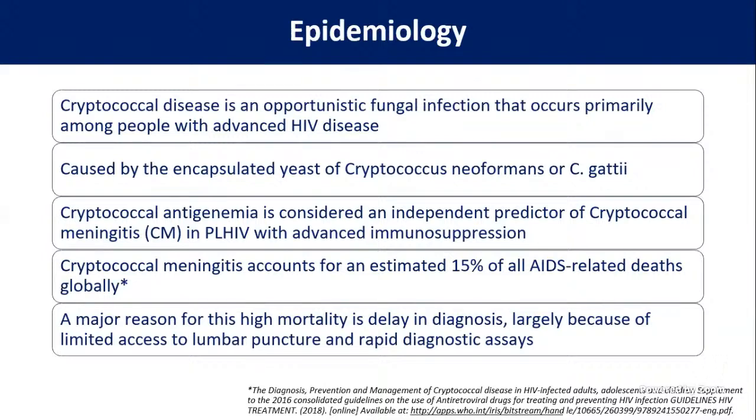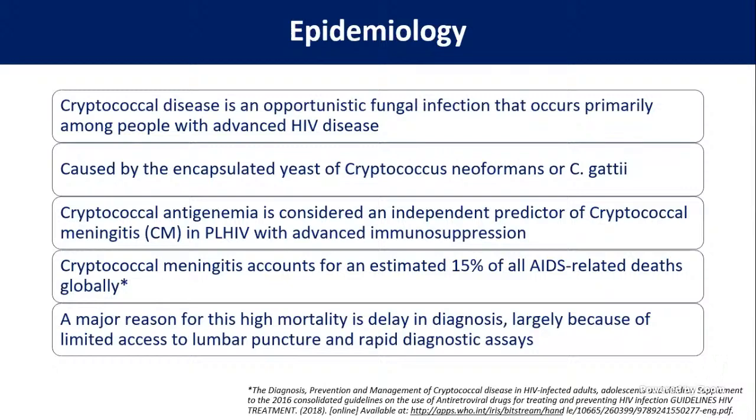So we still rely on older techniques like India ink demonstration of the organism, which is not a very sensitive method, and again, it is not available everywhere. Because of these two reasons, it is a very difficult disease to diagnose.